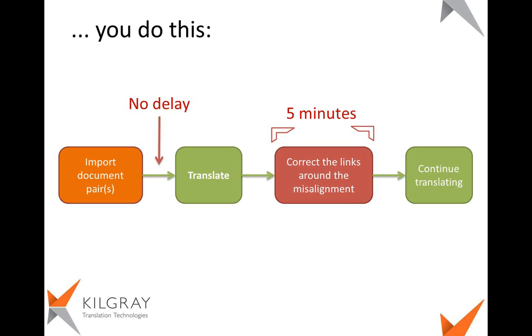So this is what you do. You translate. When a misalignment occurs, you go into the document, fix the links, and then continue translating. And when you spot a misalignment next time, you do this again. But then again, it's not more than 5 minutes.